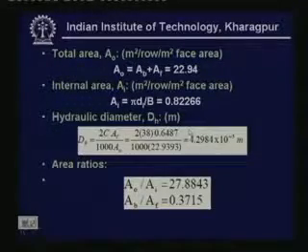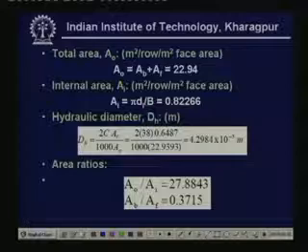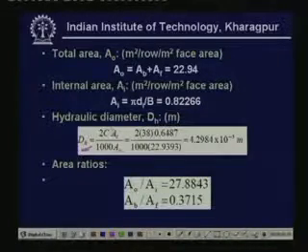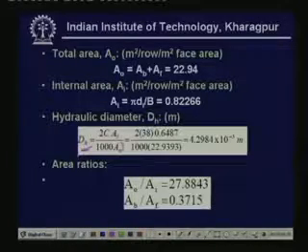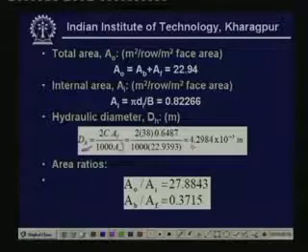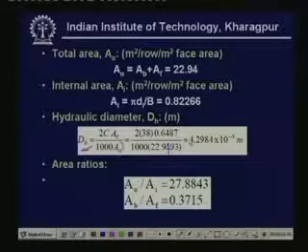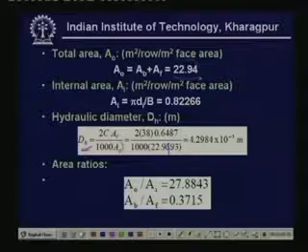This is the formula for the hydraulic diameter dH, where C is known to us, AC is the minimum flow area, and A naught is also known, which is the total area, 22.94. If you substitute everything here, this should be 22.94. I have rounded it off; it is actually 22.9393.